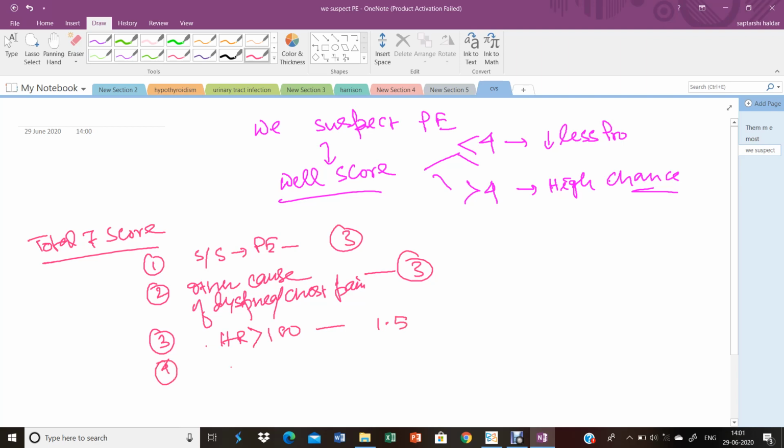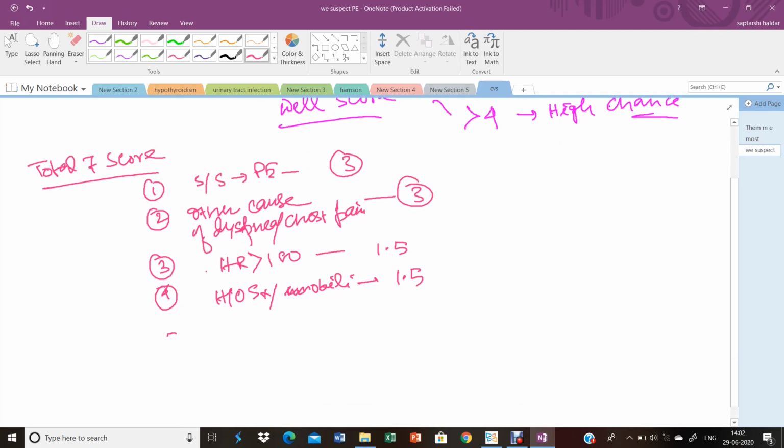If the patient has a history of surgery or immobilization, then it is 1.5. If the patient has a previous history of DVT or pulmonary embolism, that is also 1.5 points.